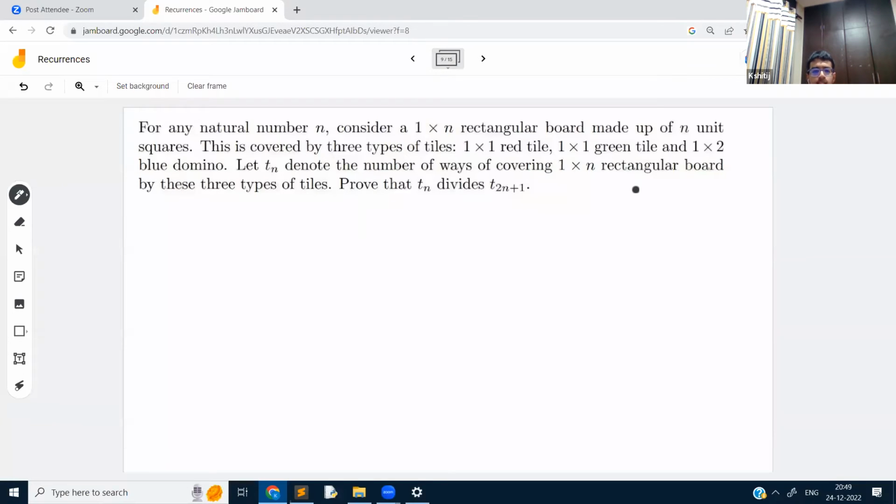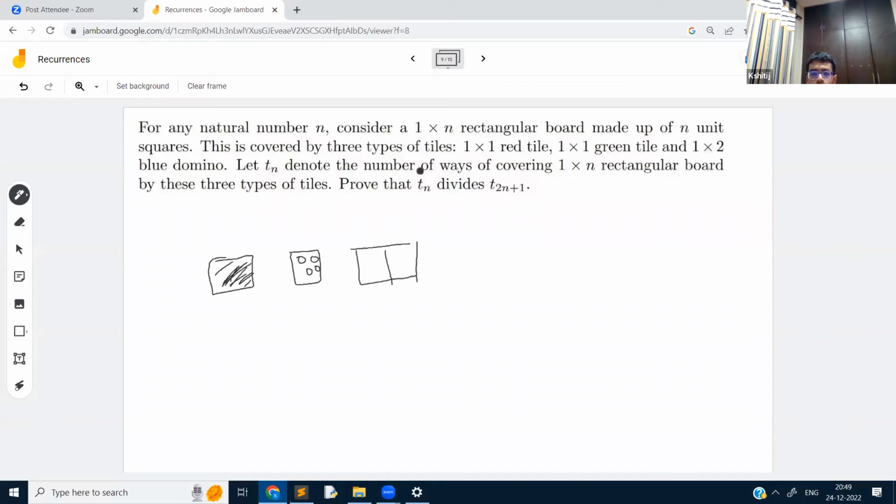You have to show that this term divides the other. There are three tiles, and there's an endless supply of all tiles. So I'll shade by the colors. There are three types of tiles and you have a 1 by n board. Show that the number of ways of coloring an n size board divides the number of ways of coloring a board of size 2n plus 1.